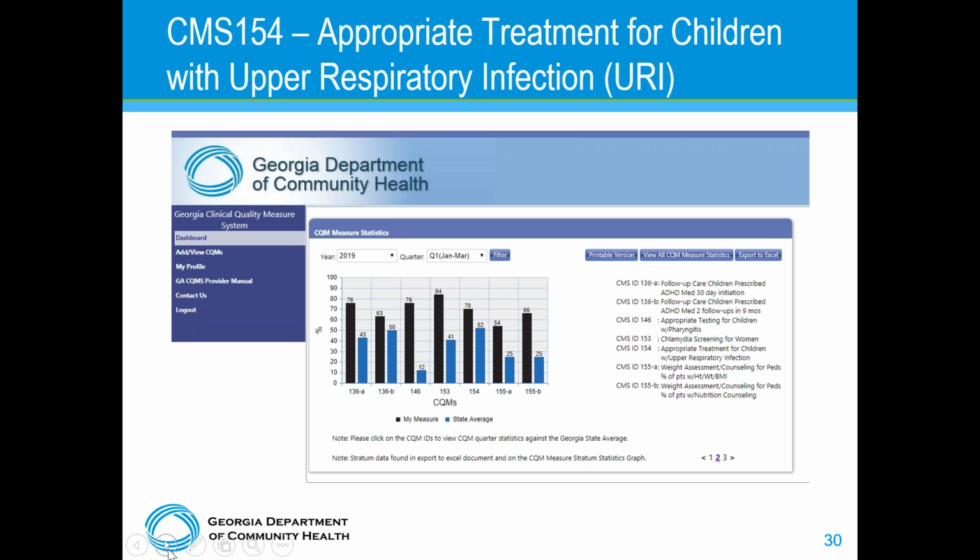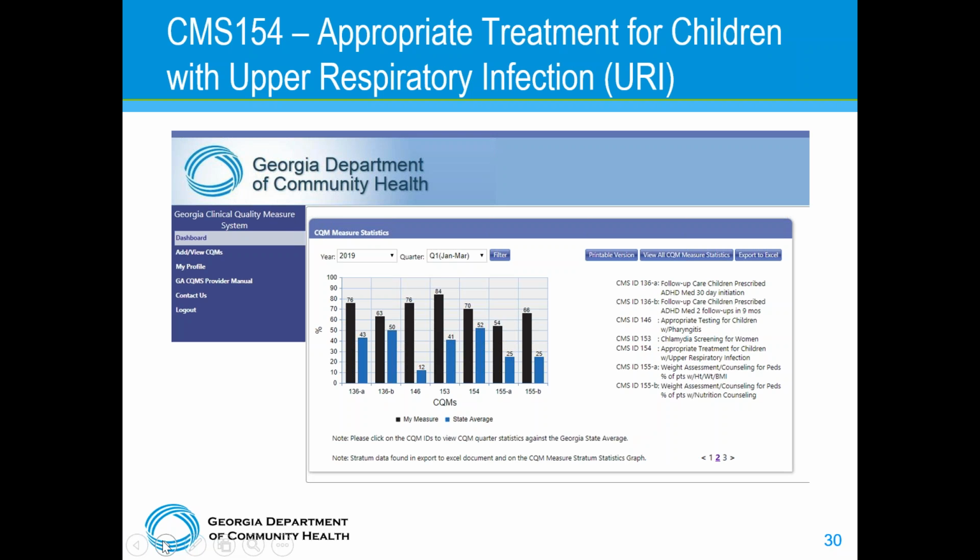So again, we go back to our dashboard, and the first thing that I can recognize for CMS 154 is that I'm doing a little bit better than the state average for my pediatric patients who present with upper respiratory infection symptoms. The second thing that this lets me know is that I'm at 70% as opposed to the state average of 52.